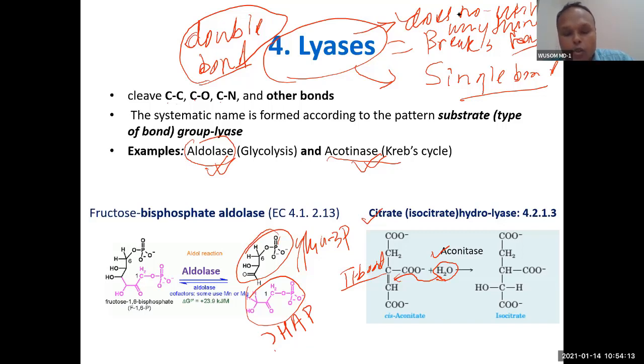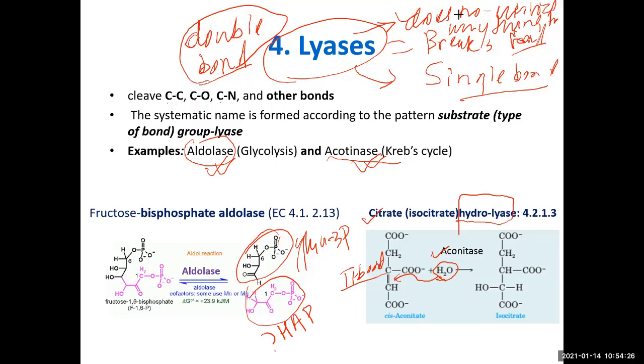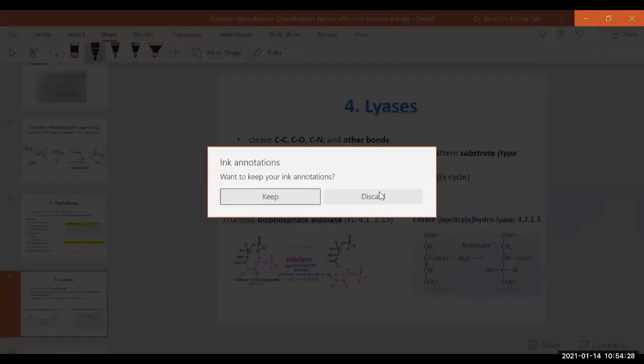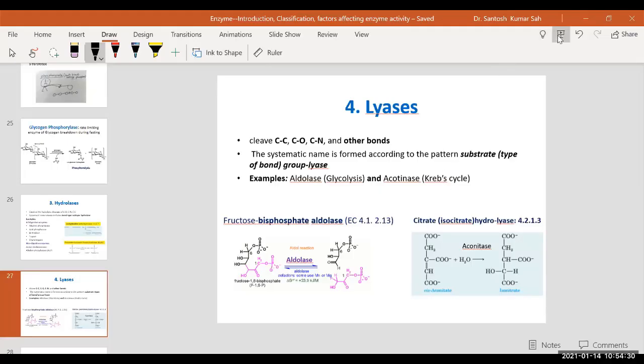Only in this place will it utilize water and then it is called lyase. And which lyase? Hydrolyase. Did you get that difference between hydrolase and lyase? Yes. You are confused? Nope, not confused for me. Okay, if there is any confusion, let me know for other people.